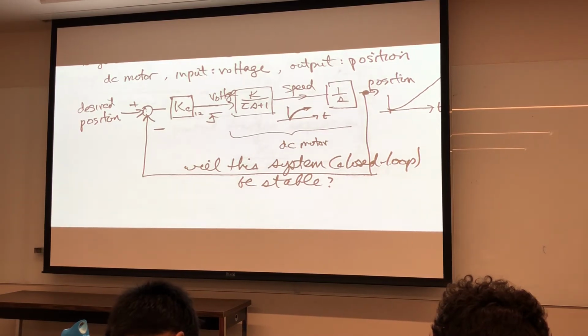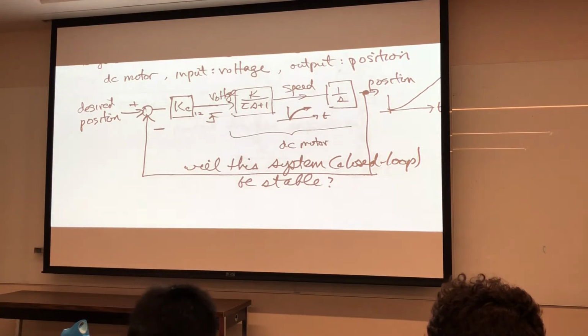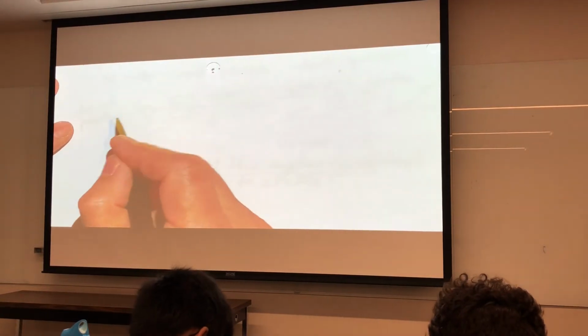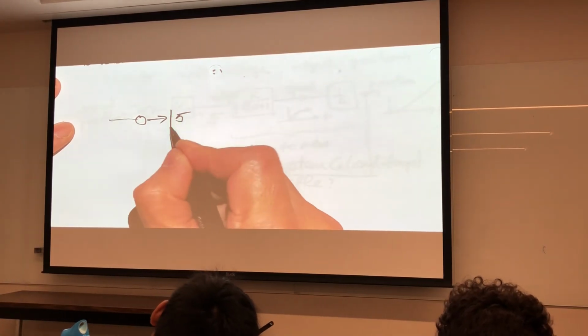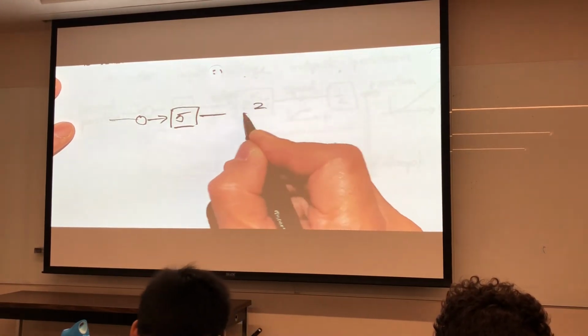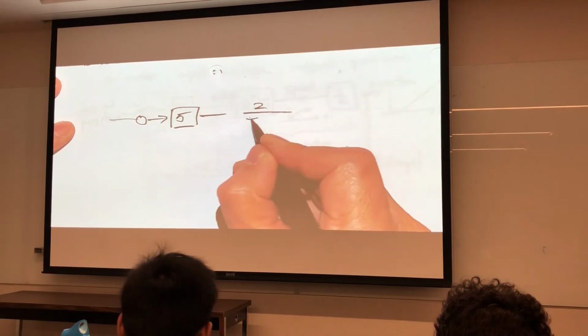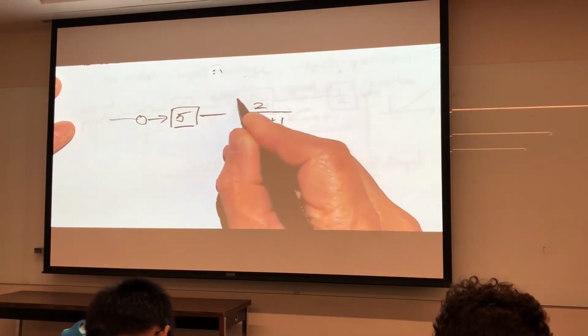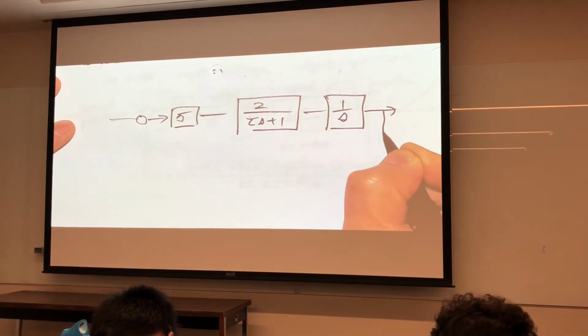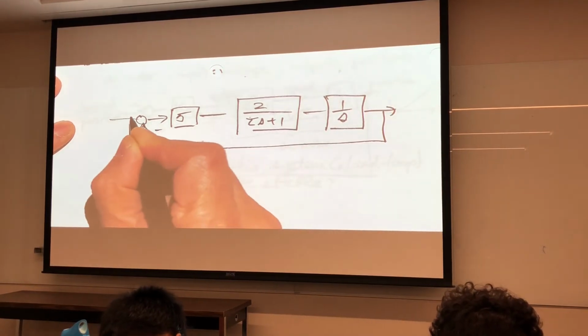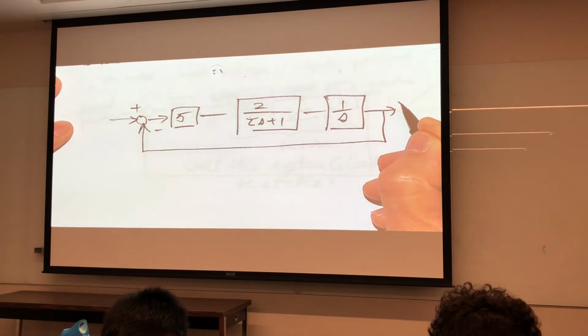So let's put some numbers in just so that we can do some math today. I'm going to just draw it again. Let's suppose this is 5, 2 over tau s plus 1, 1 over s. Okay, this is the output position.